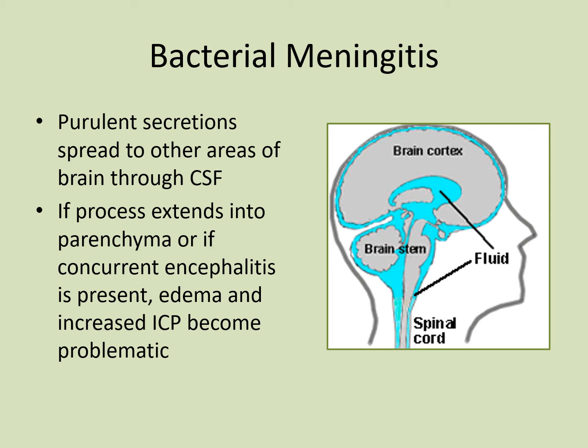If this process extends into the parenchyma of the brain, the actual brain matter, or if there is a concurrent encephalitis, inflammation of the brain itself, then the edema and swelling and increasing intracranial pressure can become extremely problematic.